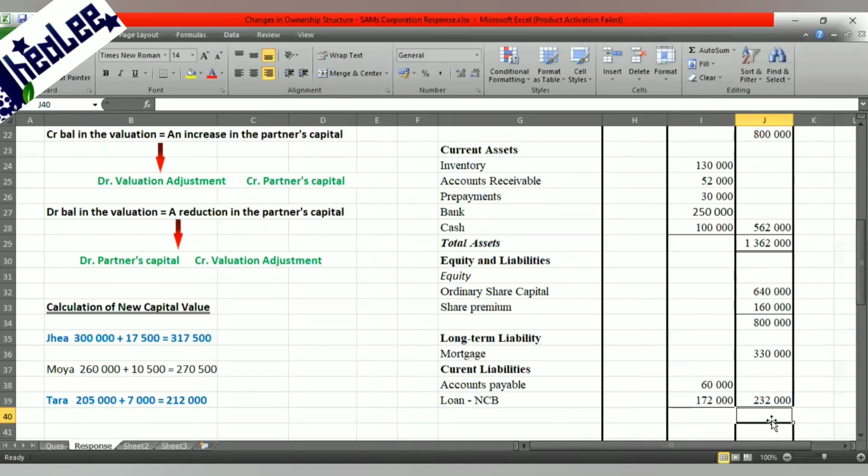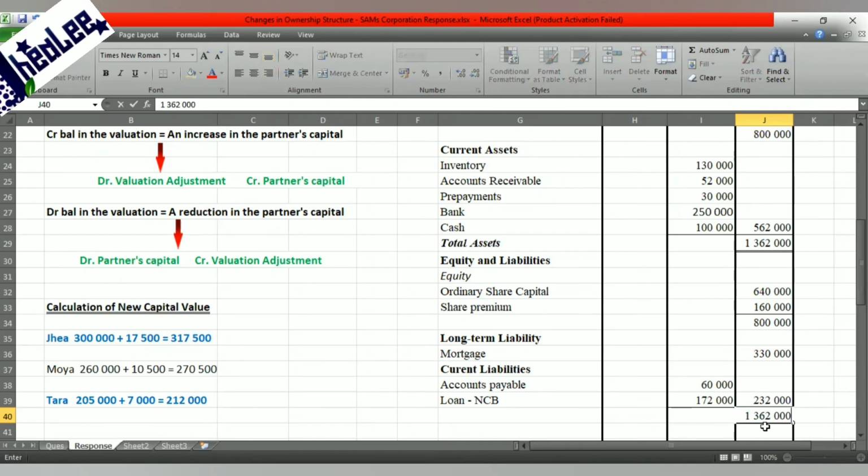So our total, after calculation, remember, is 800,000, which is your total equity and the share premium there, along with your mortgage of 330,000 and your current liabilities of 232,000. That gives us a total of 1,362,000.